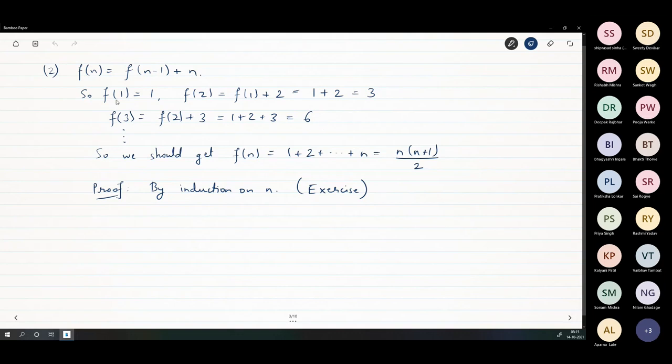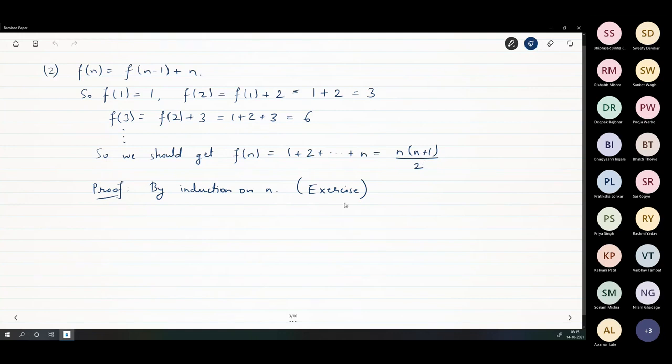So f of 1 is 1, f of 2 is 1 plus 2, f of 3 is 1 plus 2 plus 3. So we can guess again that f of n is 1 plus 2 plus 3 up to n, the sum of the first n numbers, which we know is equal to n into n plus 1 by 2.